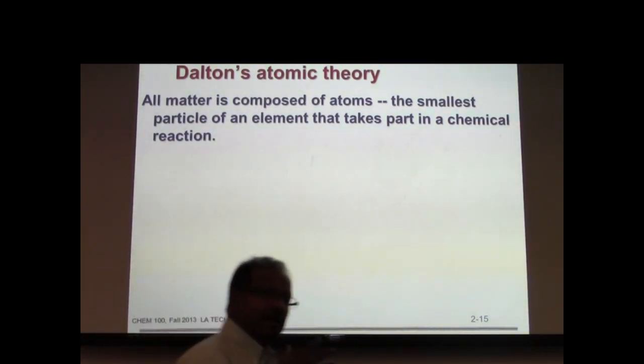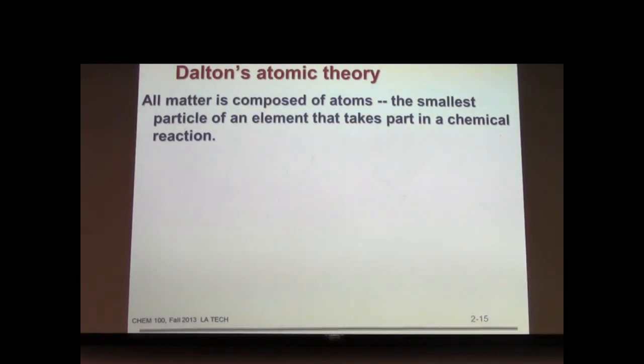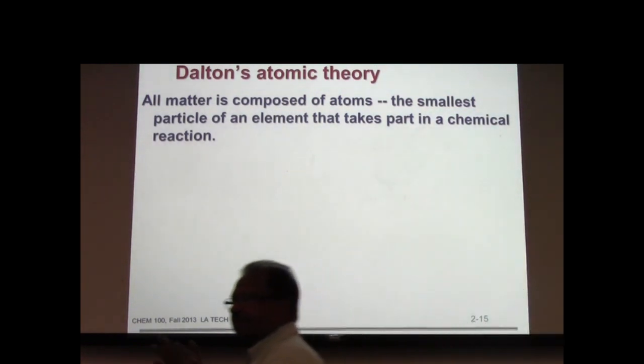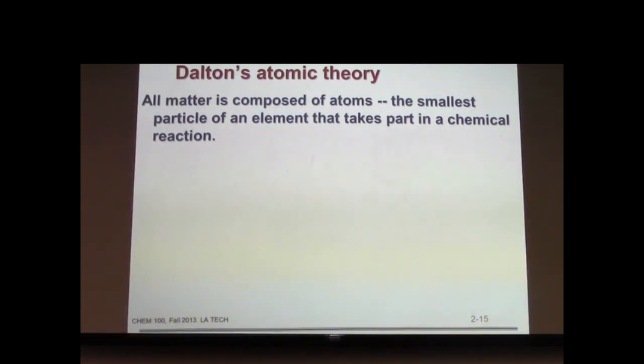In order, first one is this, then the second one is all atoms of an element are identical. All right? So we had to define what it is. An element is defined by its different atoms, right? Each element has different atoms, with different masses. We talked about it.